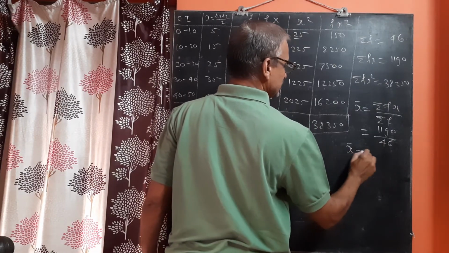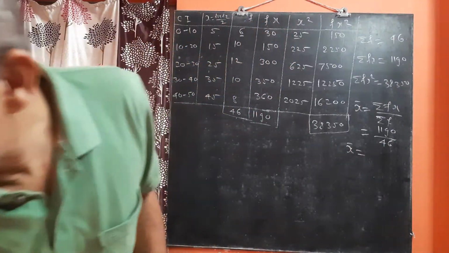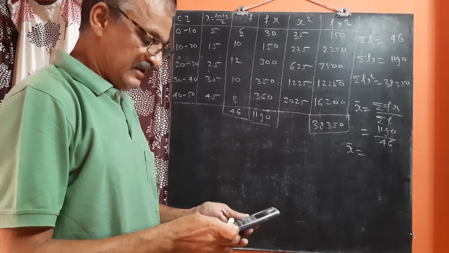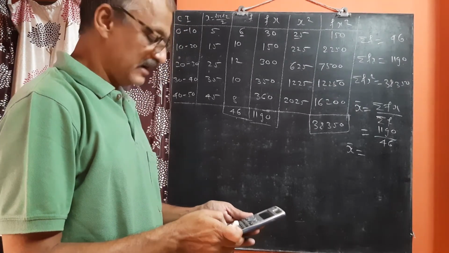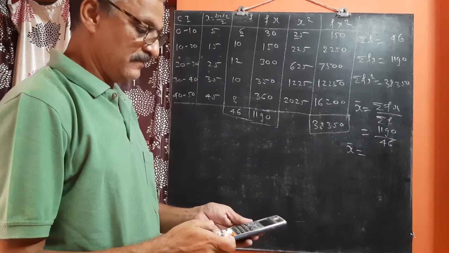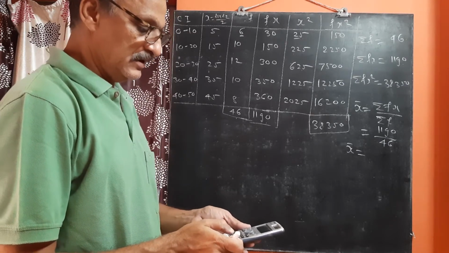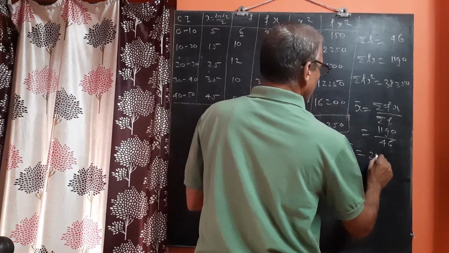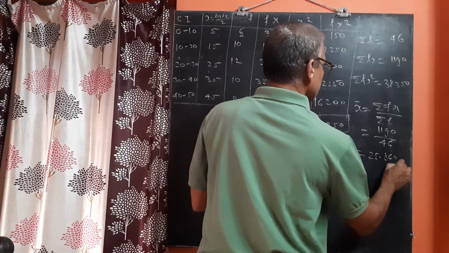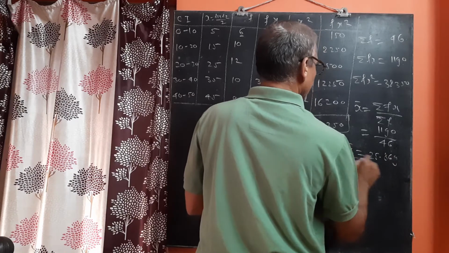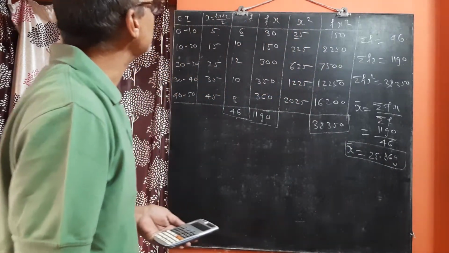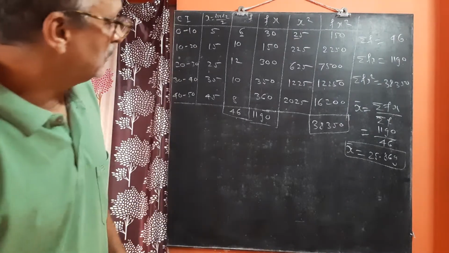So the value of x bar, let us find it, 1190 divided by 46 comes 25.869. The value of x bar is 25.869.